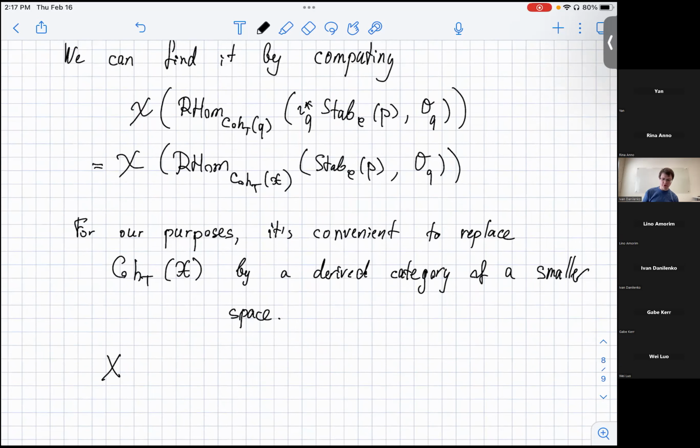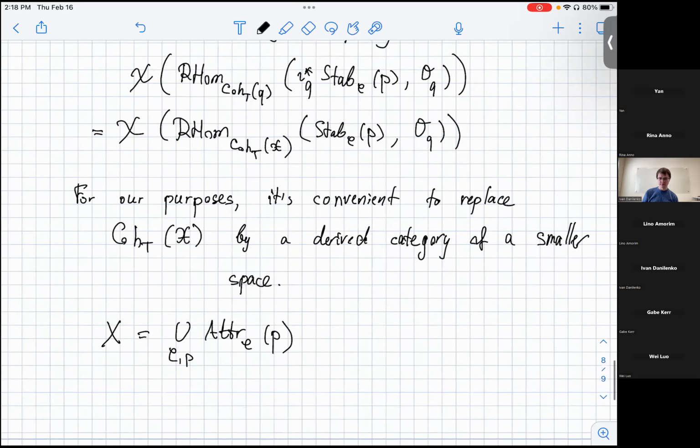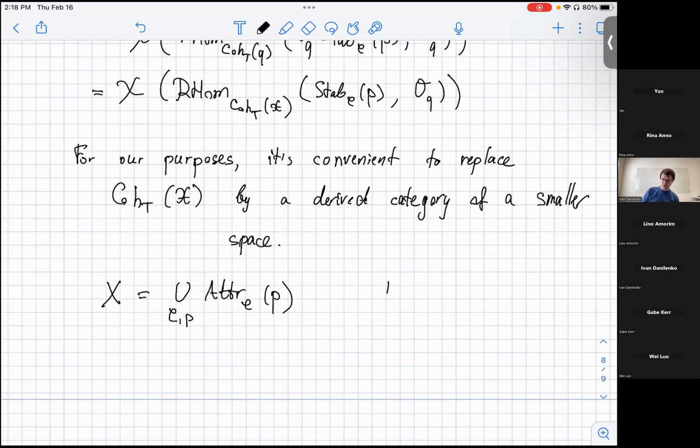The space, which I'll denote by straight X, is just the union of all attractors with respect to all chambers and all points. For T star P1, that will be exactly the three things I drew: two fibers and the zero section.